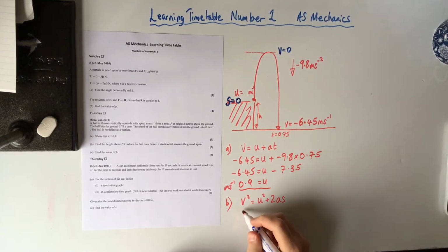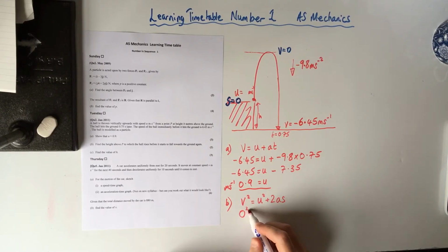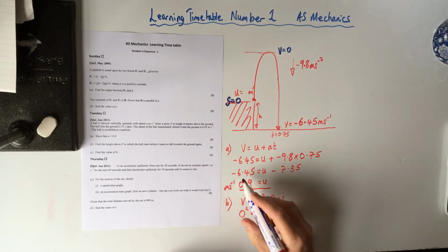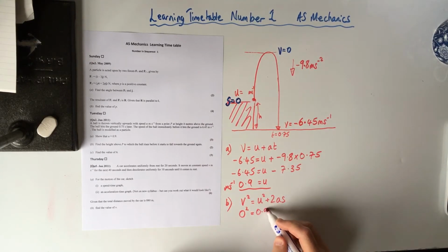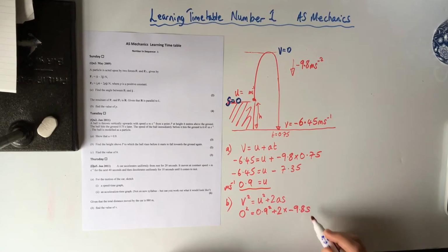So we want to find this displacement when the velocity is 0. So 0 squared is equal to u squared, and we know that u is 0.9 because we found that, so 0.9 squared plus 2 times acceleration, which is minus 9.8, times s.